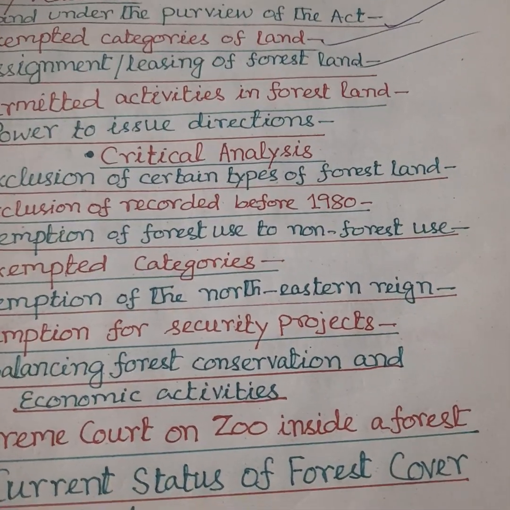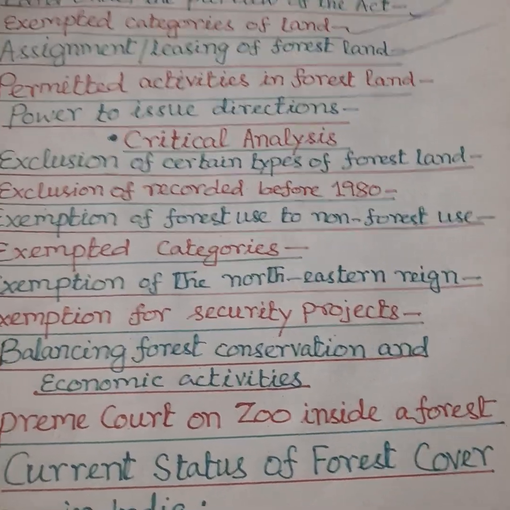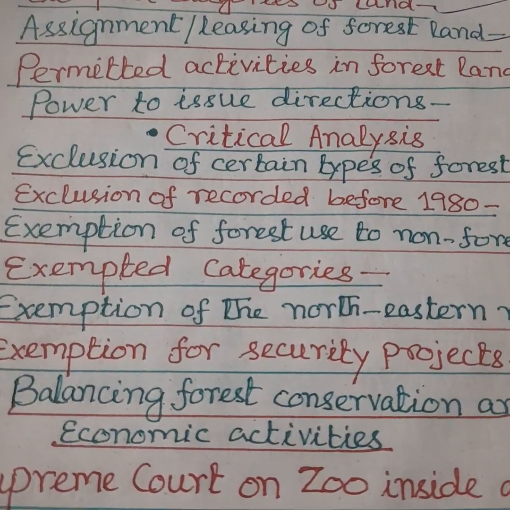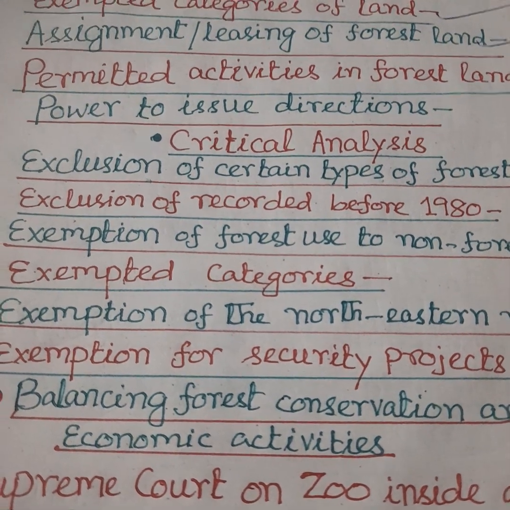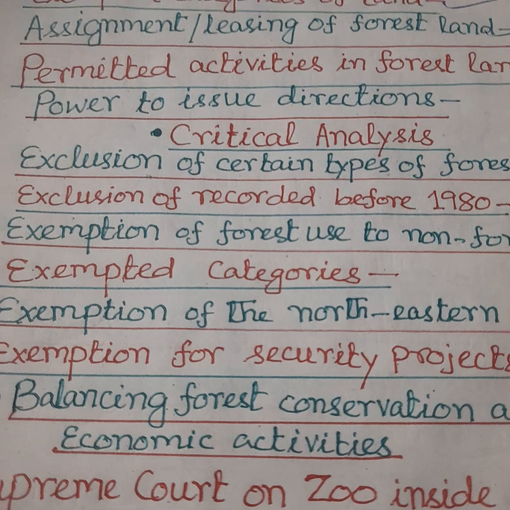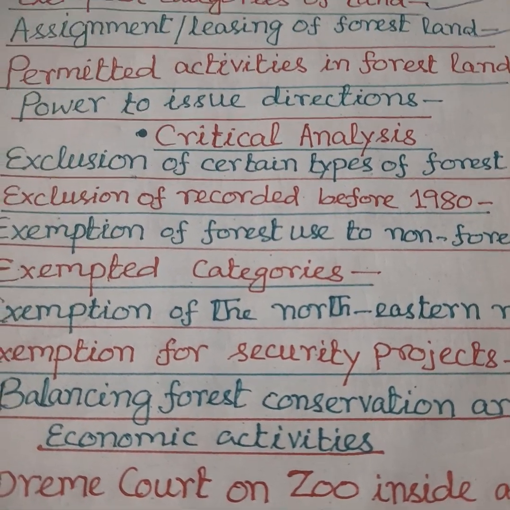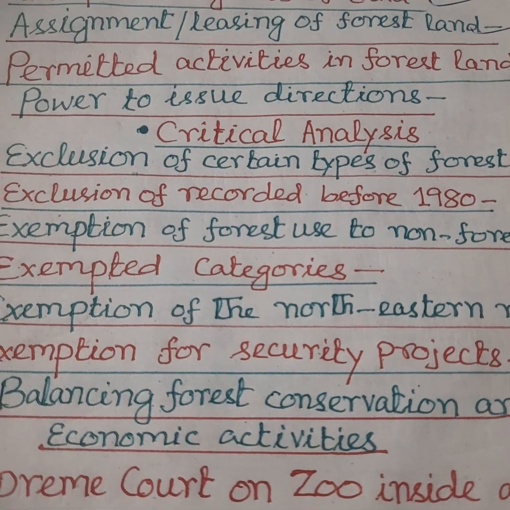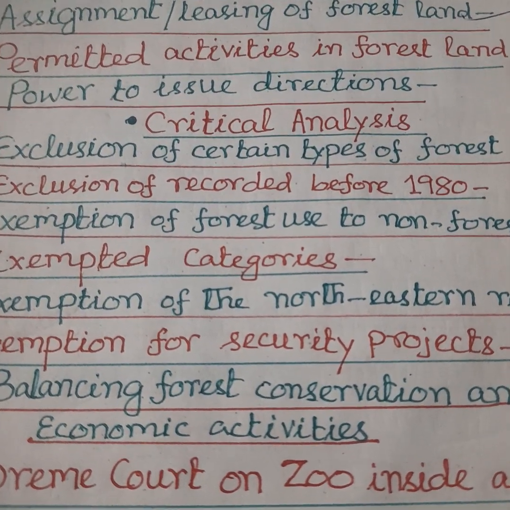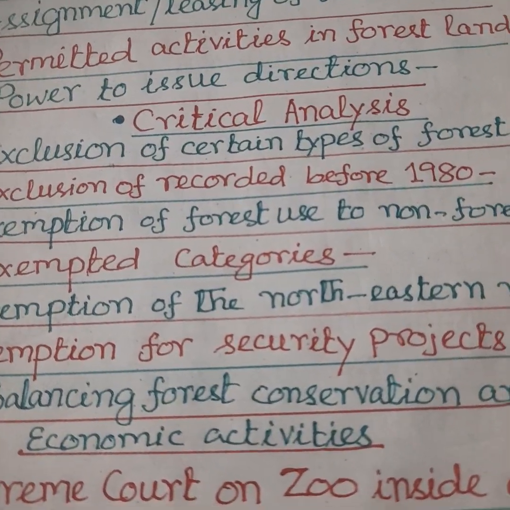After the critical analysis, we found certain important provisions relating to ensuring balance between forest conservation and economic activities. The Act of 2023 adds certain activities to this list, such as safaris and ecotourism facilities.